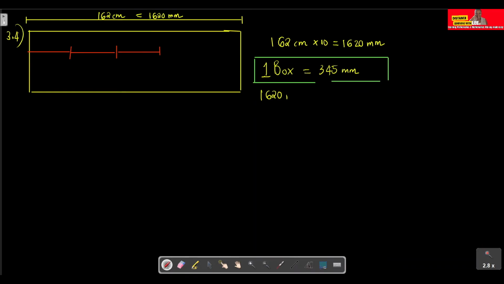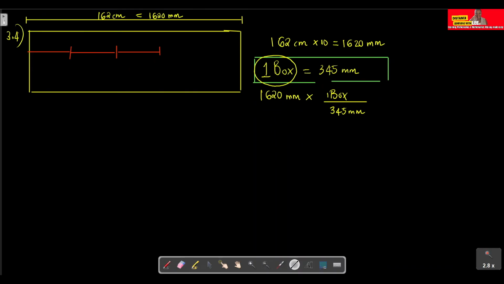We take 1620 millimeters and multiply it by one box, divided by 345 millimeters, which is our unit.